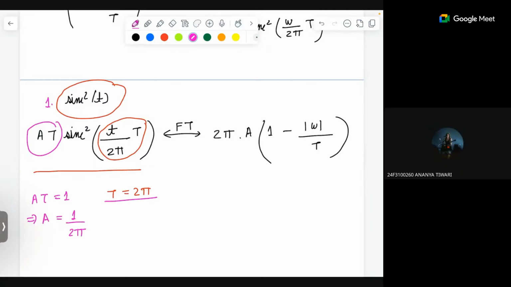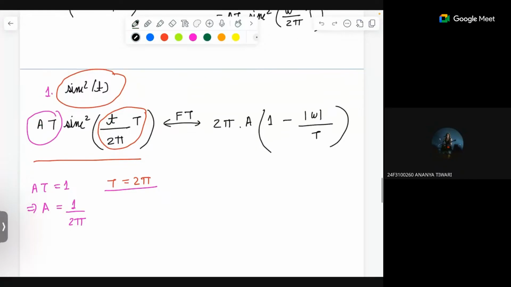So now we have these values and we converted this to sinc square t. Now let us see what Fourier transform I will get. So 2 pi into capital A, which is 1 upon 2 pi, times 1 minus mod of omega by capital T, which is 2 pi.